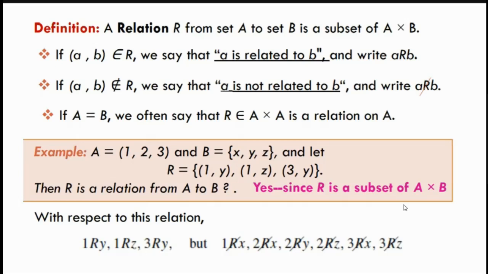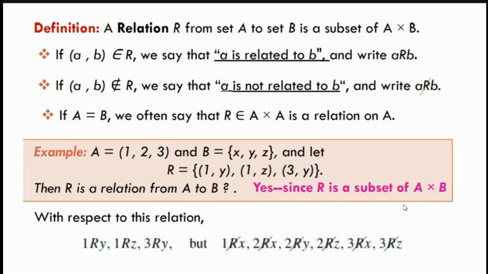We say that A is not related to B and write A R with an underline below the capital R, B. You can also strike off the R there itself, and it is also read as A is not related to B.